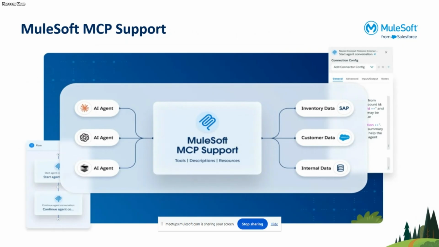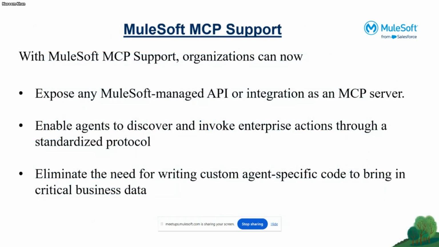In short, it acts as a bridge between the AI client or AI agent to use the data already exposed by a MuleSoft API or any other REST API. In this case, we'll convert our REST Mule endpoint into an MCP server to be used by the MCP client, that is, the AI agent.